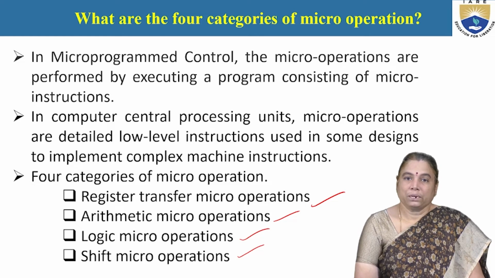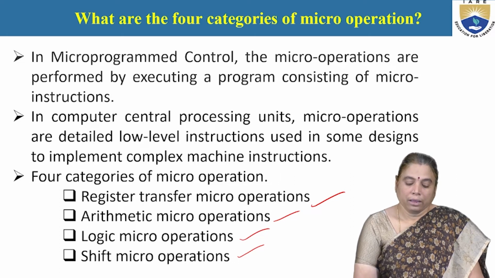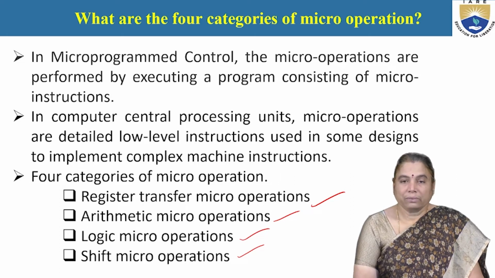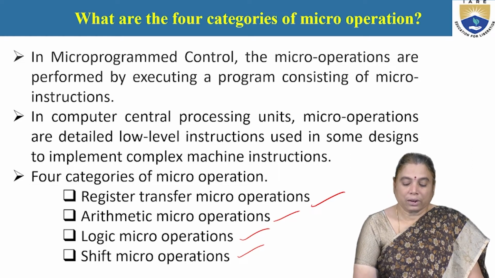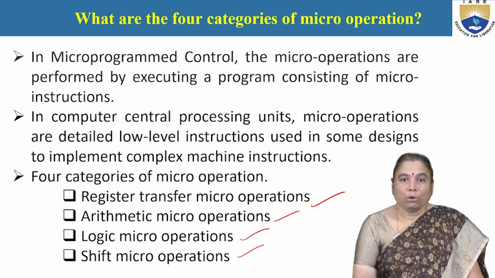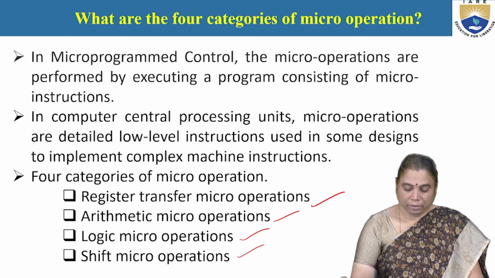Shift micro operations mean left shift and right shift, SHL and SHR. In the register transfer micro operations, MOVE, STORE and LOAD instructions come under the register transfer micro operations.